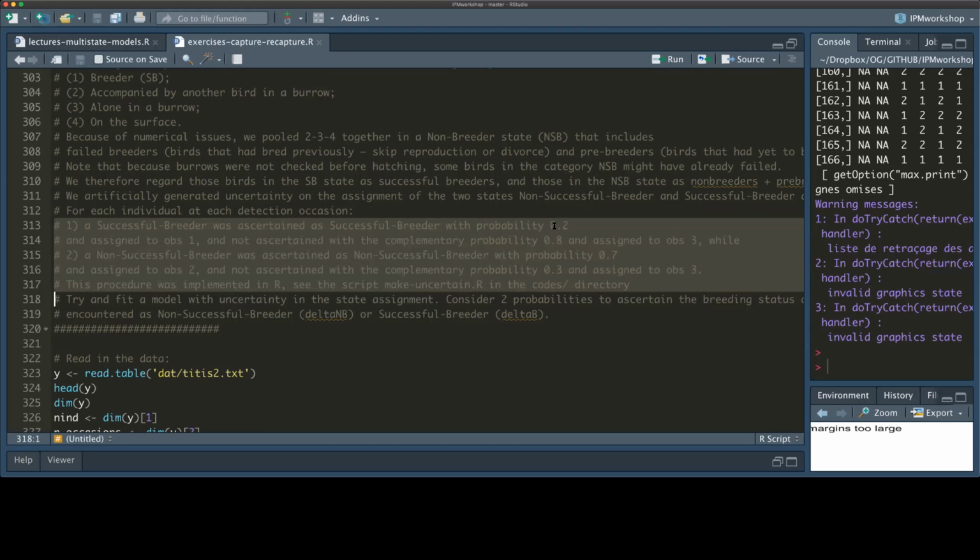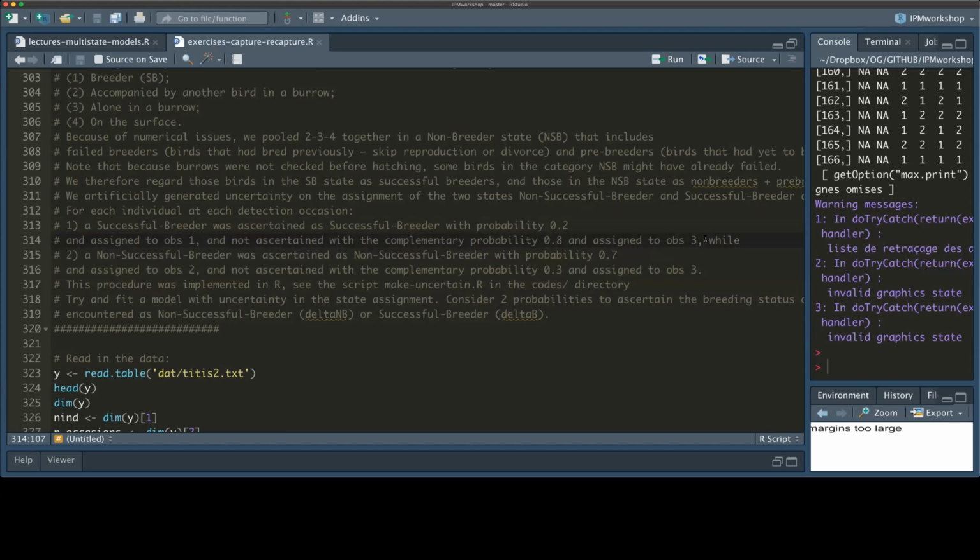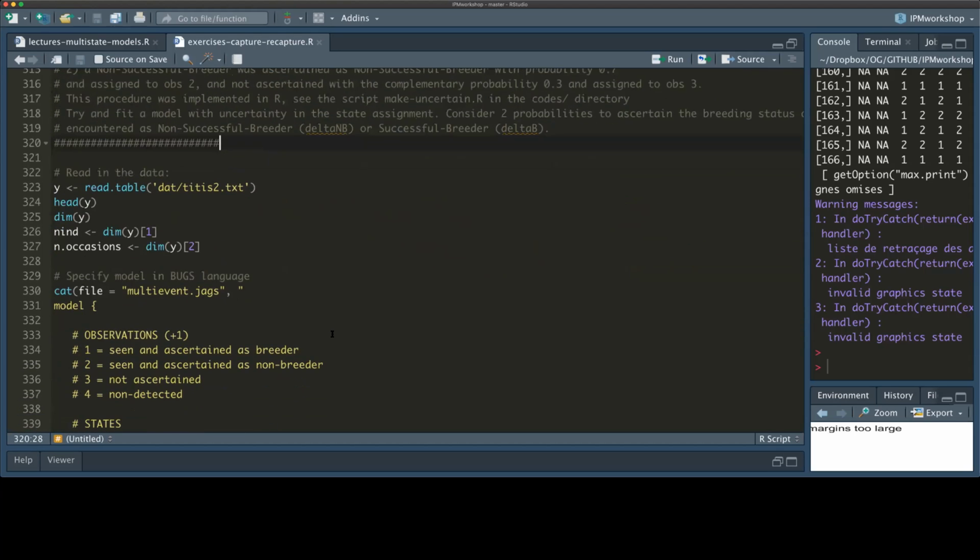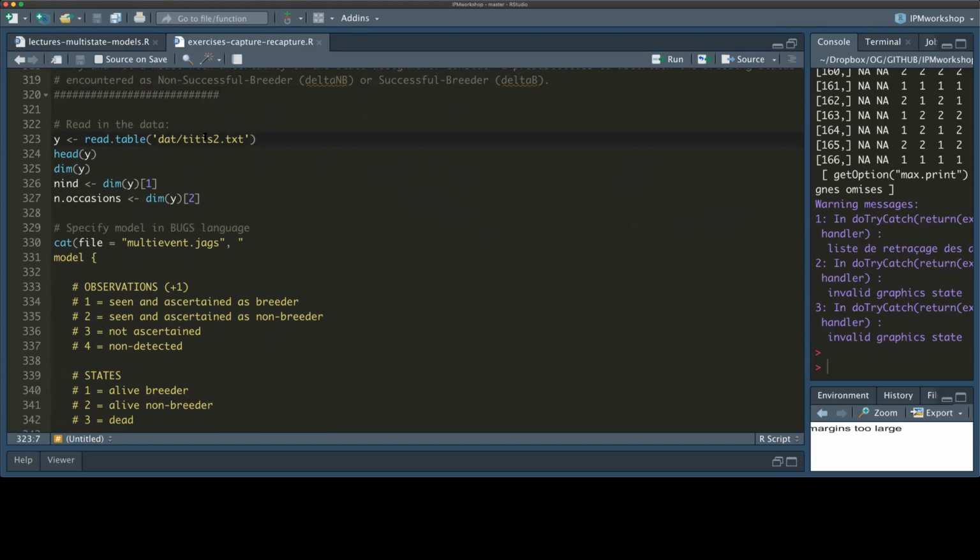So basically, I create a new observation 3, which corresponds to an individual that is detected. So we know that it's alive, but we cannot say whether it's a non-breeder or breeder individual. So it's really the same example as in the lecture. These data are in this text file here.